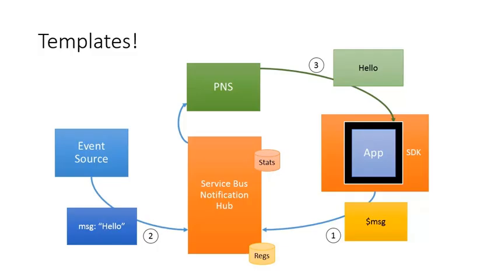So we're turning the relationship between the backend and the front end around, and we allow the application experience to be fully in control, not only of the primary experience, but also of the push notification experience.